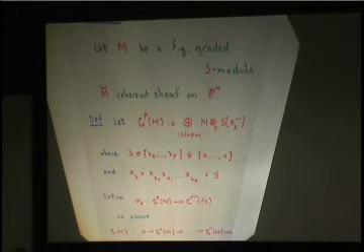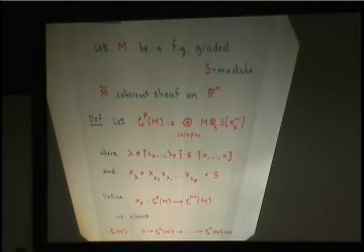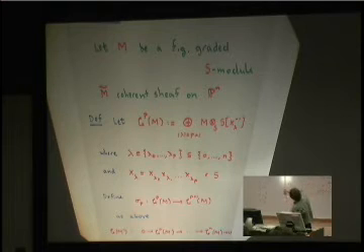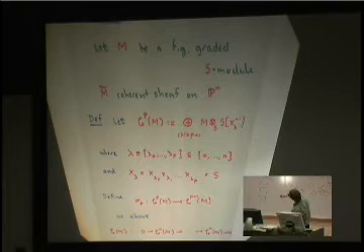I can define C^p of M to be the following, which is pretty similar to what that other thing is. It's the direct sum of M tensor S, where I invert a bunch of the variables x, so I invert all the x_i where i appears in lambda.